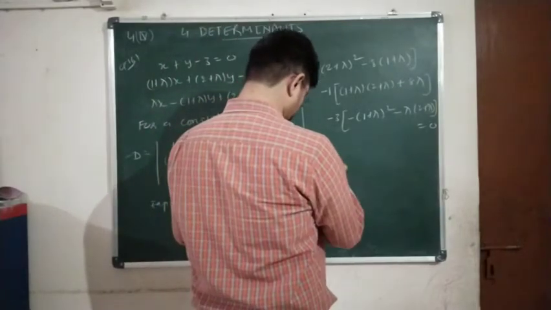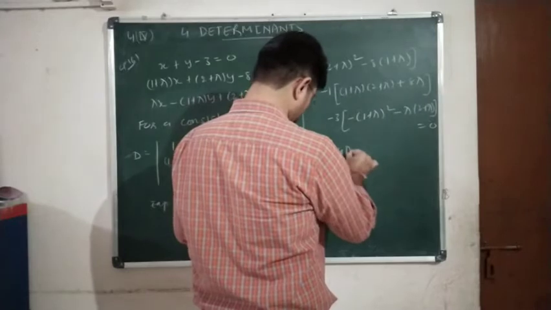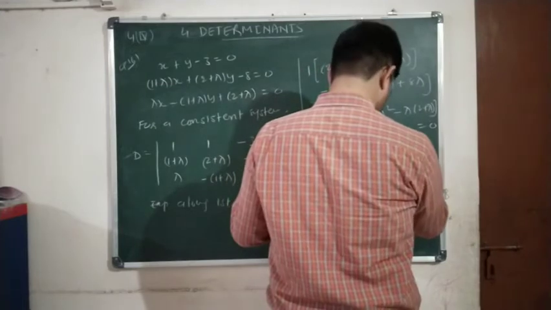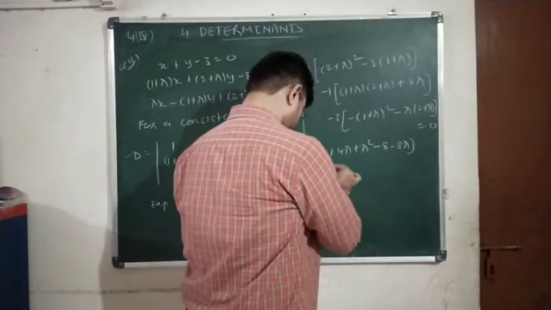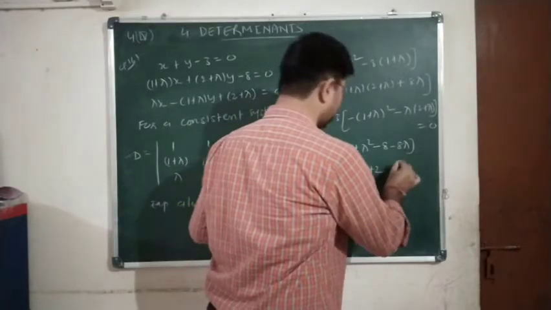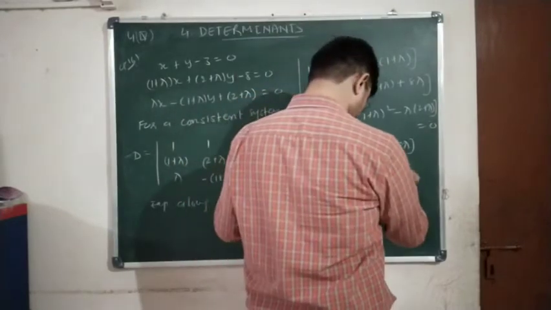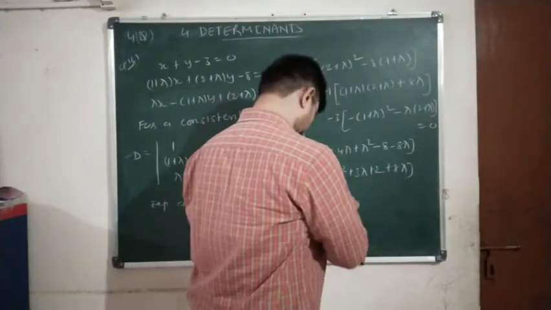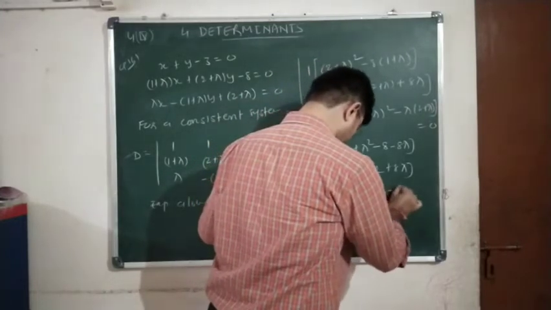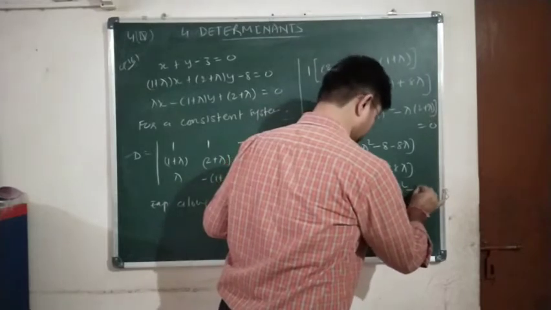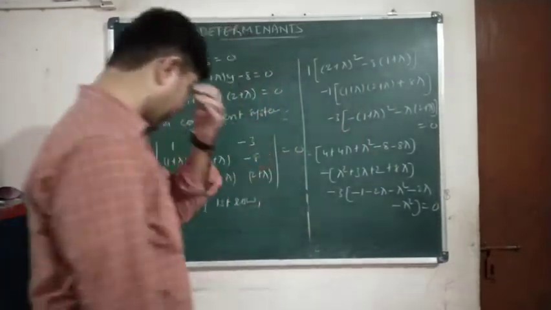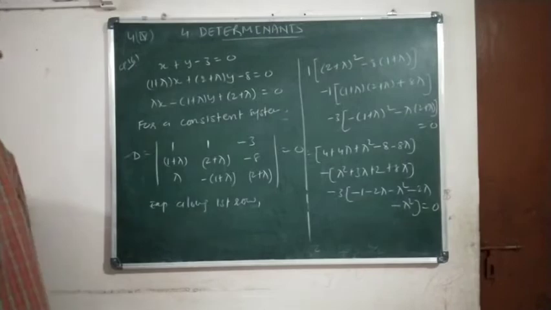Therefore, over here, 4 plus 4 lambda plus lambda square minus 8 lambda, minus lambda square plus 3 lambda plus 2, plus 8 lambda, minus 3 into minus 1 minus 2 lambda minus lambda square minus 2 lambda minus lambda square equals 0. Now further simplifying.